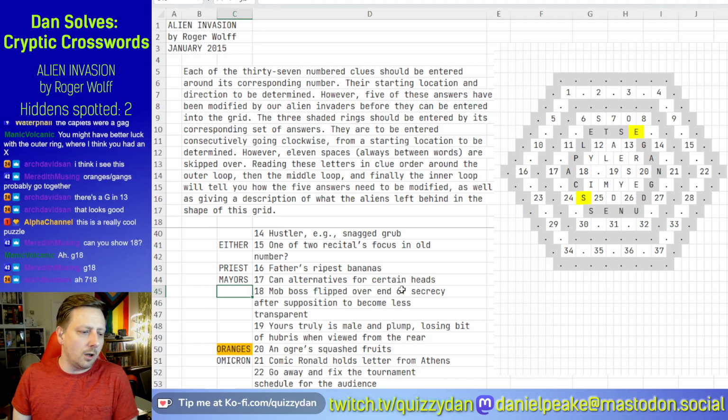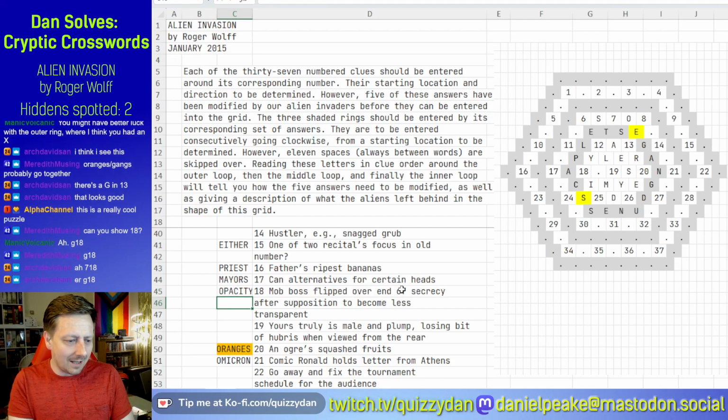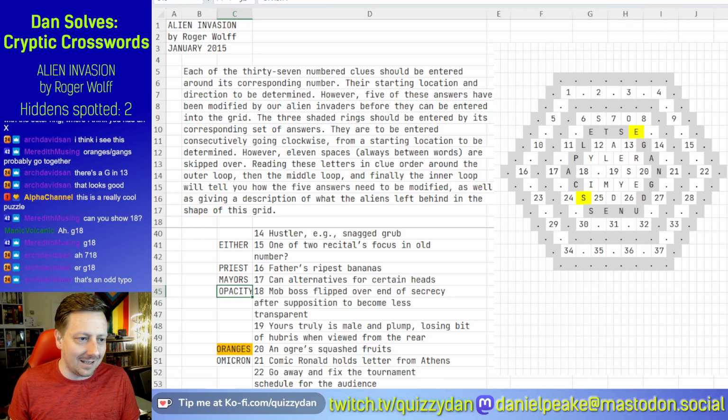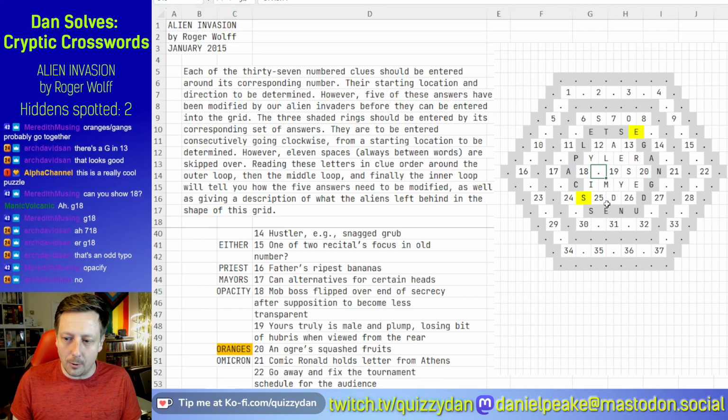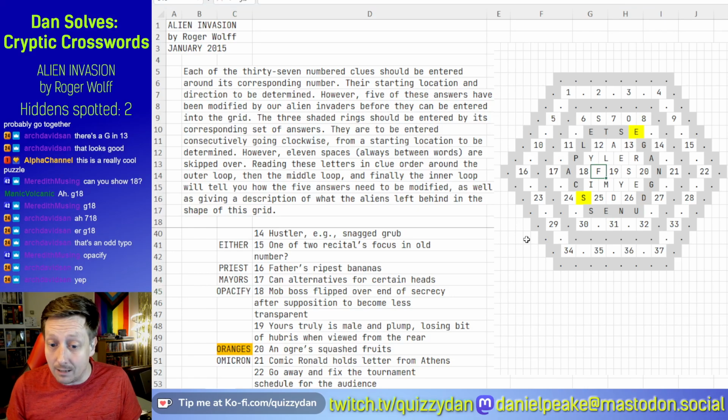Flipped. So it's opacity? And then it just becomes opacify, sorry. So mob boss is a capo, flipped, of end of secrecy, which is Y, after supposition, which is if. There we go. And now 19.